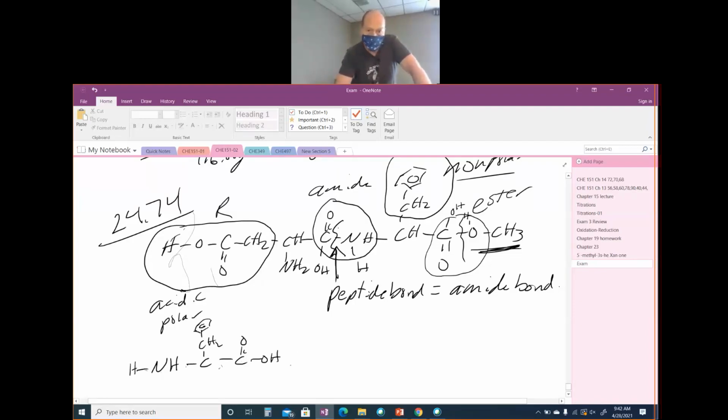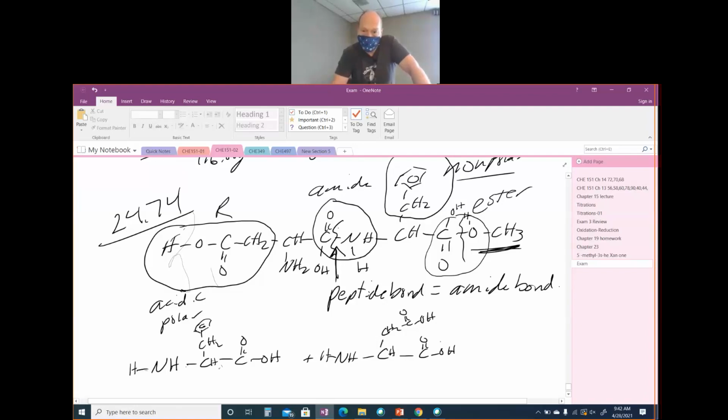We're going to lasso that H. All right, and then we will then take our other NH. And now this is our alpha carbon, and our R group here is a carboxylic acid, CH2, C double bond O, OH, and C double bond O, OH.